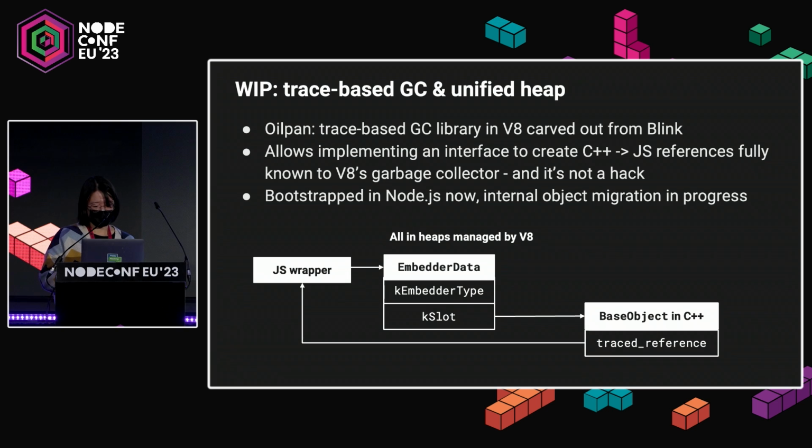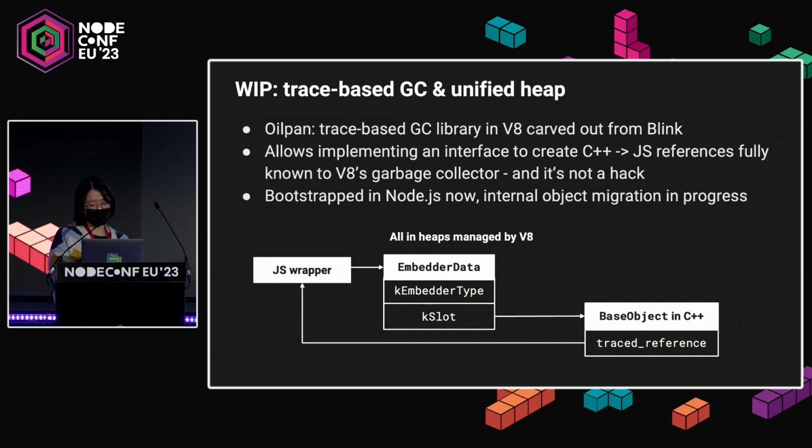Now, instead of chasing all these incorrectly configured callbacks down to fix all these bugs, we have a different plan to deal with these issues. We have a plan to improve the cross-layer memory management using the Oilpan library from V8. This is a library developed in Blink, the rendering engine of the Chromium browser, to deal with similar issues.